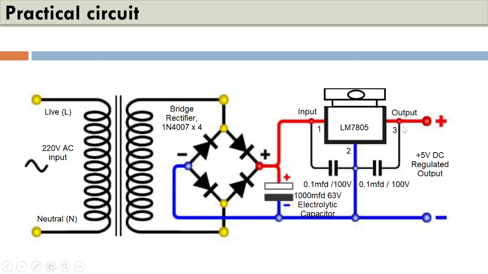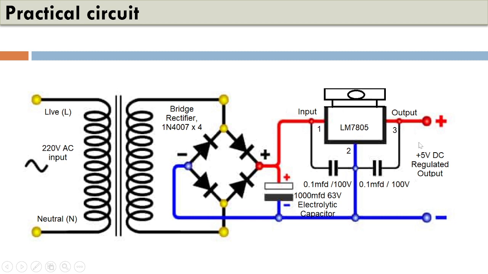The output is taken from the third terminal, and the second terminal of the regulator is grounded. Whenever you switch on this power supply, you will get a fixed output voltage. Usually this type of regulator can provide a constant voltage for approximately 1 ampere of current.